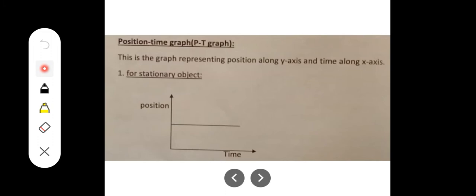Time will change, obviously time will move, but position will not change for the object. That is why the graph will be like this, a straight line parallel to the horizontal axis, the time axis. Position is same and time will change. This is a position-time graph given for a stationary object, meaning object at rest.